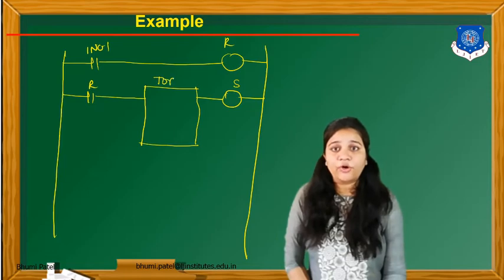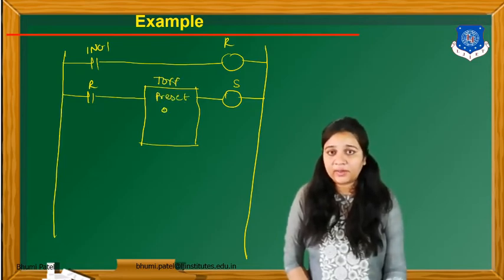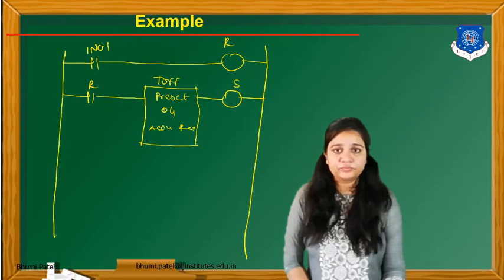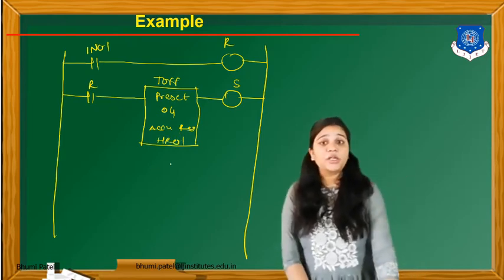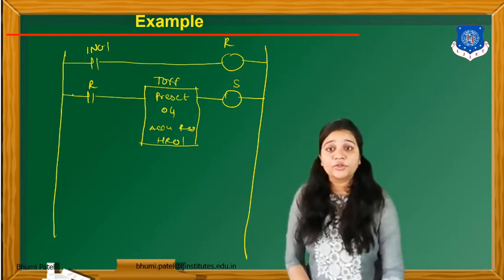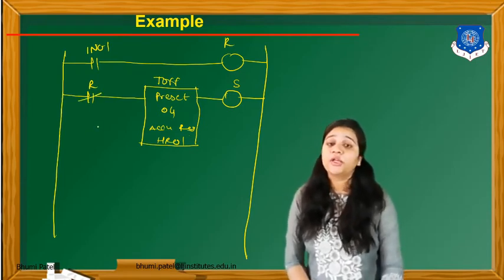The format is same. We can take the preset value 4 seconds, accumulator register HR01, but here we have to use a T off timer. Okay, so we can take R as a normally closed contact.